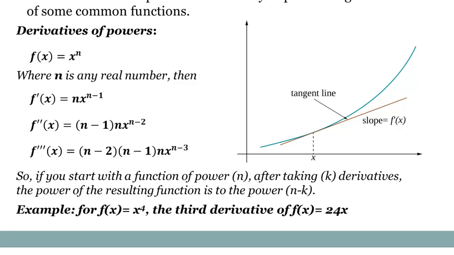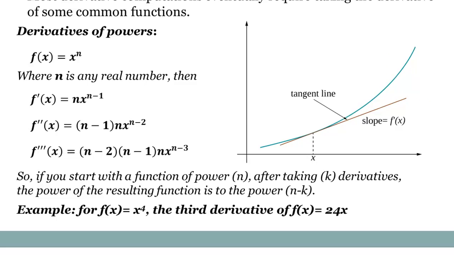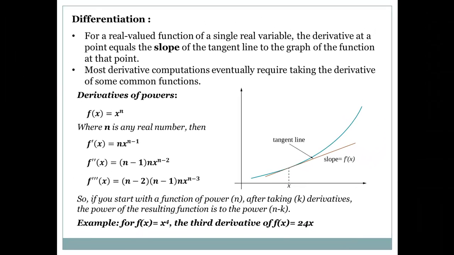For example, if I have f of x equals x to the fourth, so n in this case equals 4, the third derivative is 24x, and we notice that the x is to the power 1. Starting with power 4, after 3 derivatives, that's n minus k, 4 minus 3, that's 1. So the resulting function has a power of 1.